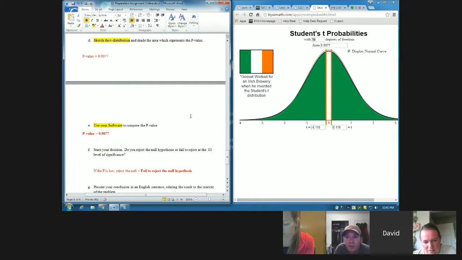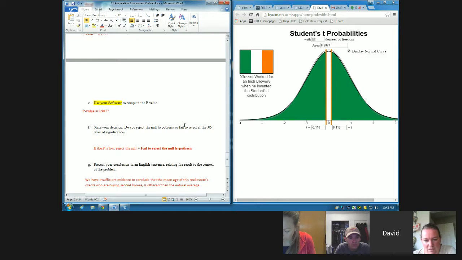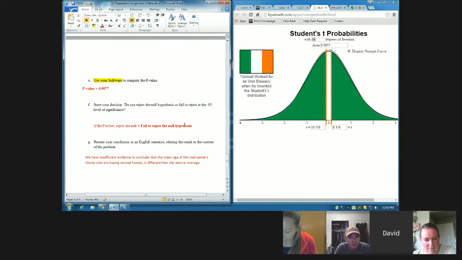So we accept the null hypothesis, or we fail to reject the null hypothesis. Yep, because the p-value is higher than 0.05. That sounded like English to me.